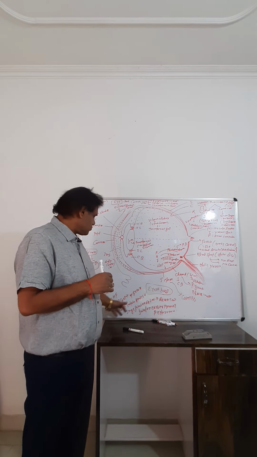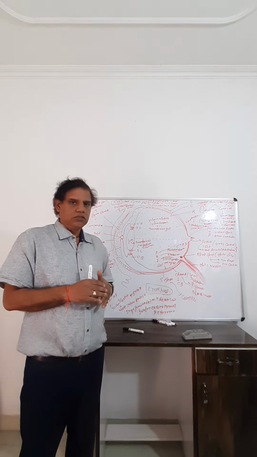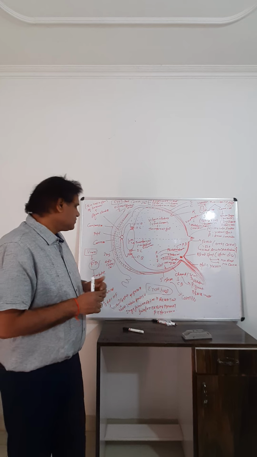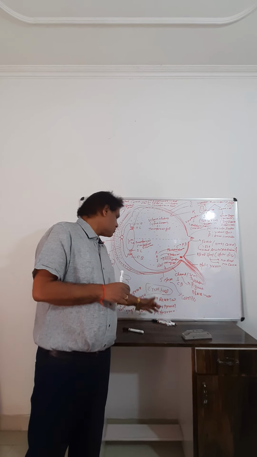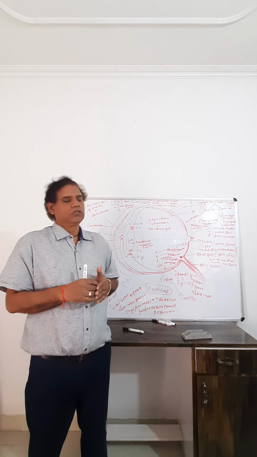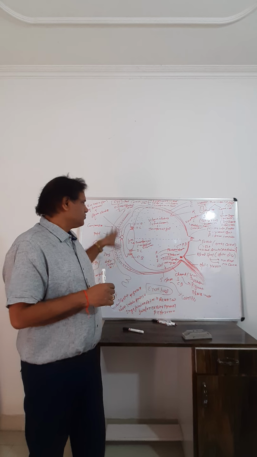The nerve impulse is analyzed, and the image is formed based on earlier memory and past experience. So these are the mechanism of vision.